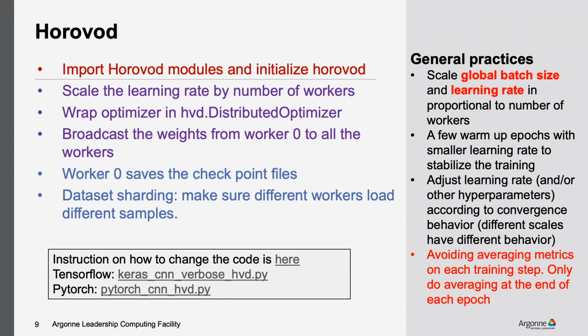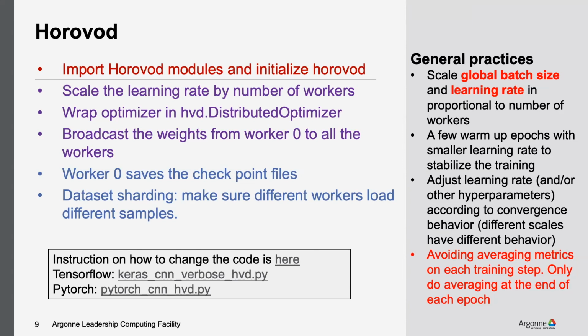And that typically will cause some trouble in the beginning of the simulation, because when you have a large batch size and large learning rate in the beginning, it's very hard to stabilize. The learning rate is essentially the step for your optimization. If your step is too large, then you're just wandering around and cannot find the local minimum point.